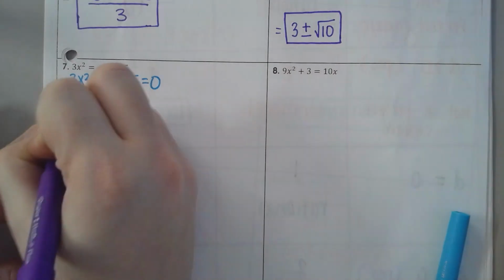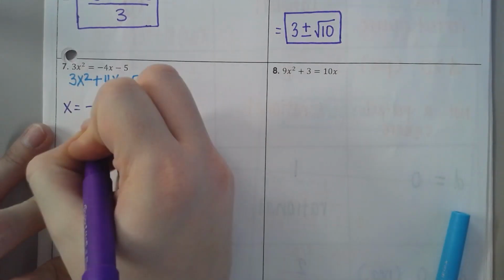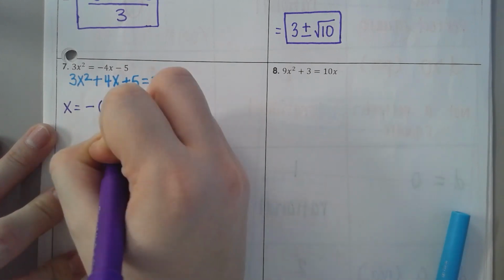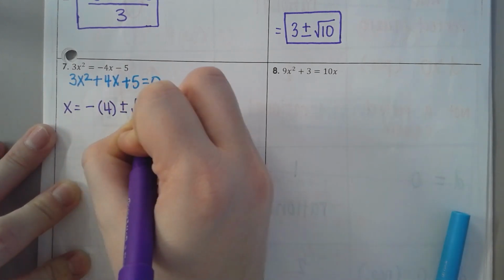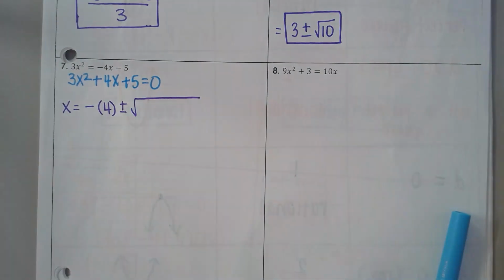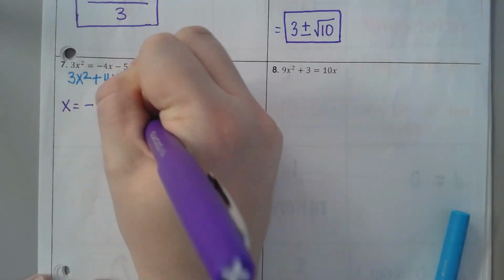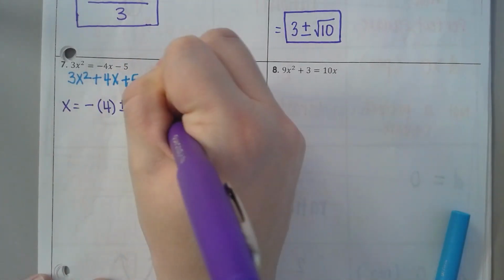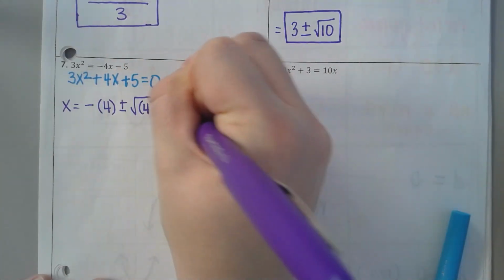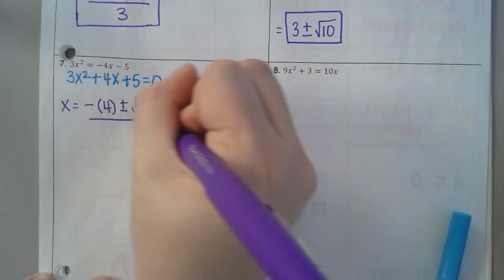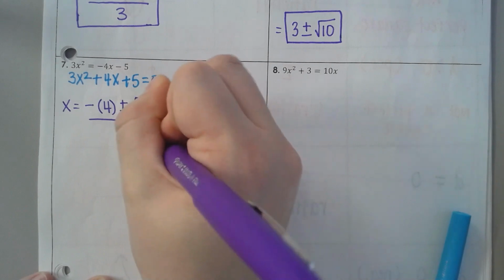X equals negative, and then my b is 4, plus or minus the square root of b squared minus 4 times my a times my c all over 2a.